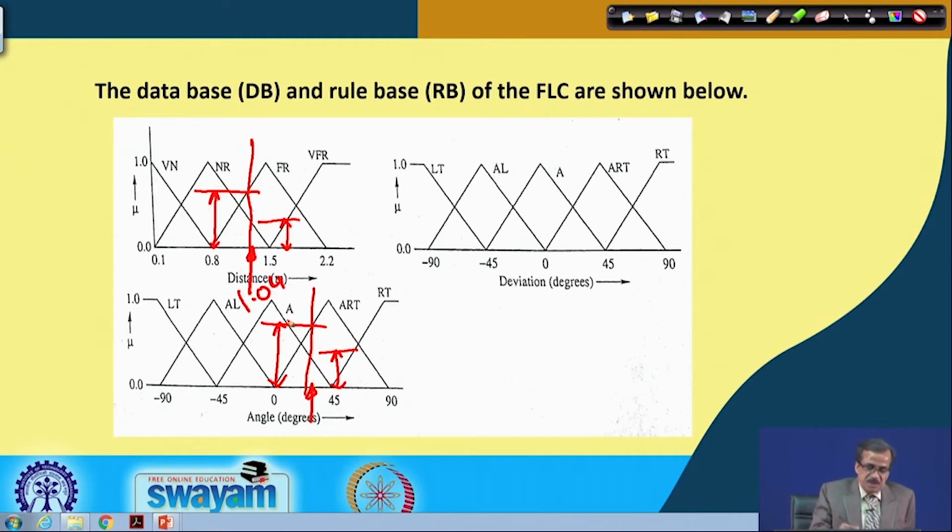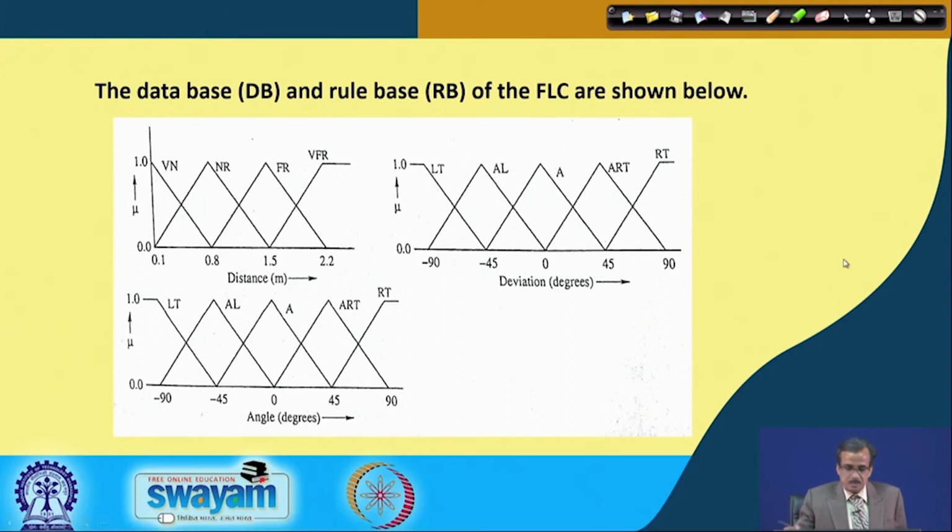Now, if we write it down here, corresponding to this, this is your mu n r, and this is your mu f r, and here this is your mu ahead, and this is your mu ahead right. So, this is the way we can find out the membership function distribution for the set of inputs.